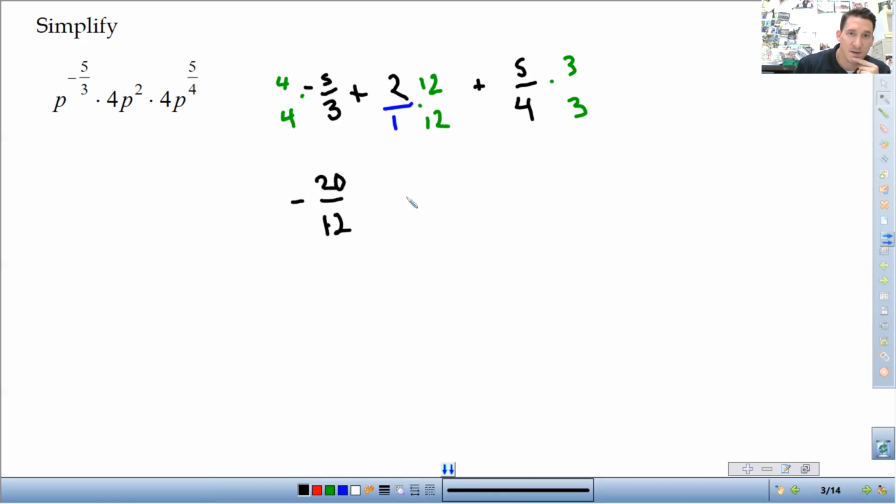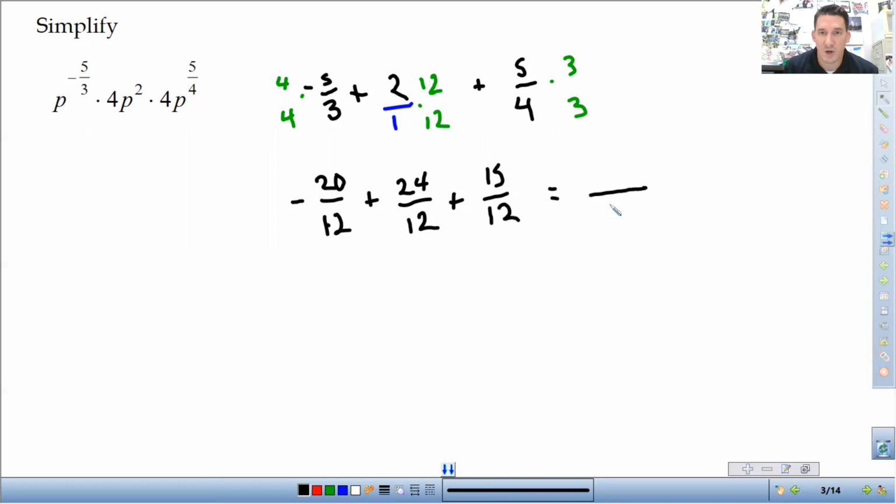And then it's this negative, plus 2 times 12 is 24 over 12, plus 5 times 3, that's 15. 4 times 3 is 12. Now, when I add these, it's all just going to be over 12. So negative 20 plus 24 is 4, plus 15 is 19.